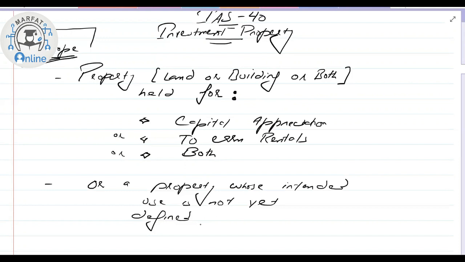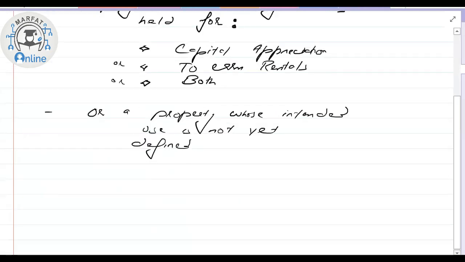They have not decided yet whether it will be used in business use, whether it will be kept for capital appreciation. In that case, the property will be classified under IAS-40 as well. So any property whose intended use is not yet defined. So this is the scope of the IAS-40.